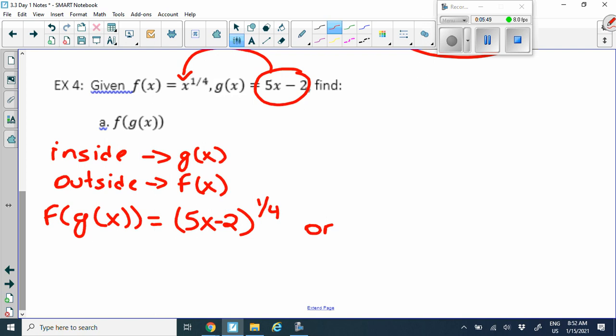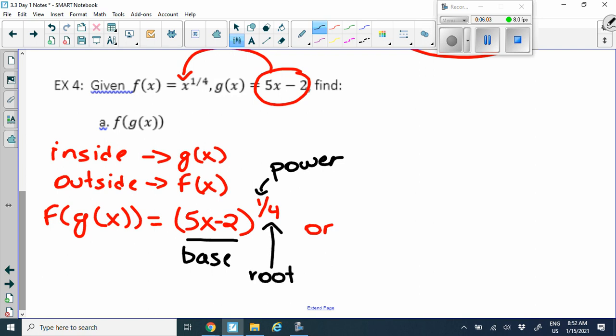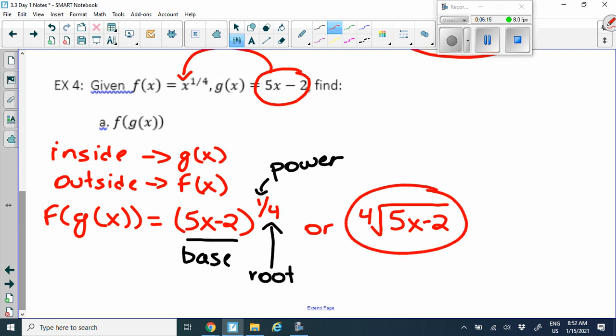Remember, 4 is our root, 1 is the exponent, and 5x minus 2 is our base. So we have the 4th root of 5x minus 2, and that whole thing is underneath because the 5x minus 2 is in parentheses, so the 1/4 goes to everything. So we can write it like this, or we can write it like this here.